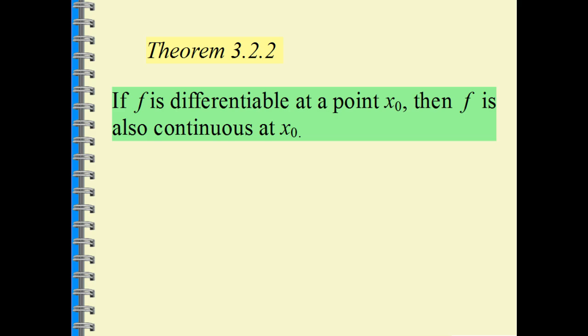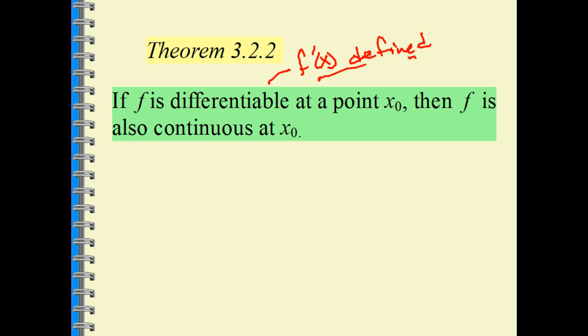Okay, so here's a theorem. Theorem 3.2.2 states that if f is differentiable, meaning that the derivative exists, f prime of x is defined at a point x0, then f is also continuous at that point x0.